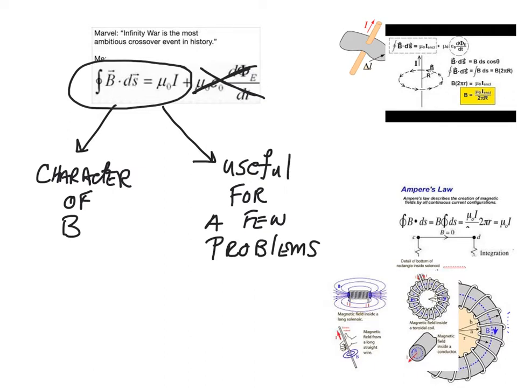We'll see later that the Biot-Savart law, which is less fundamental in nature, is actually more useful, just like in the case of electric fields. Coulomb's law was what we actually used to solve most of our problems, not Gauss's law. And so Coulomb's law is to Biot-Savart as Gauss's law is to Ampere's law. Okay.